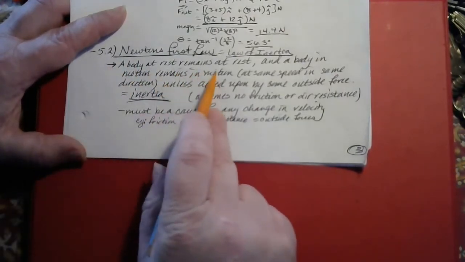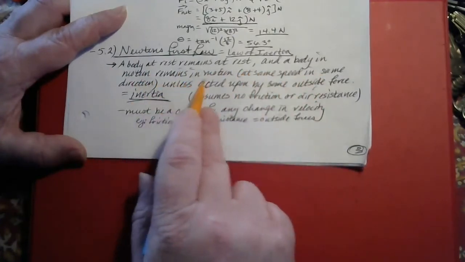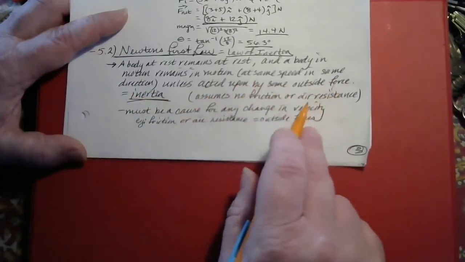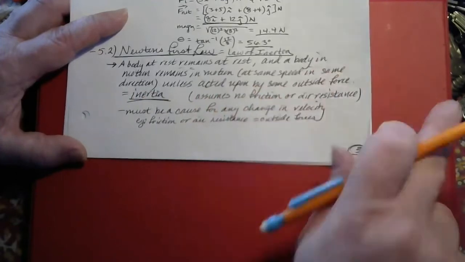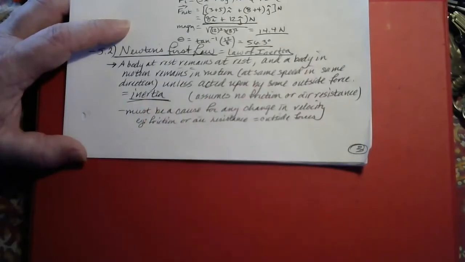A body at rest remains at rest, and a body in motion remains in motion at the same speed in the same direction, unless acted upon by some outside force. And that is what inertia is, resistance to change in motion.